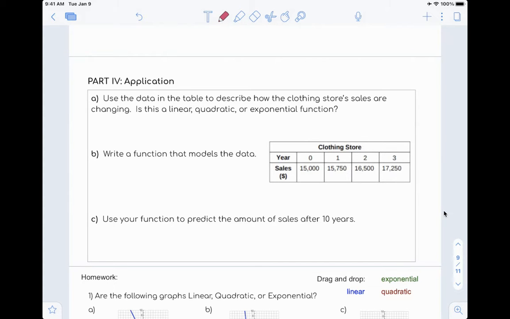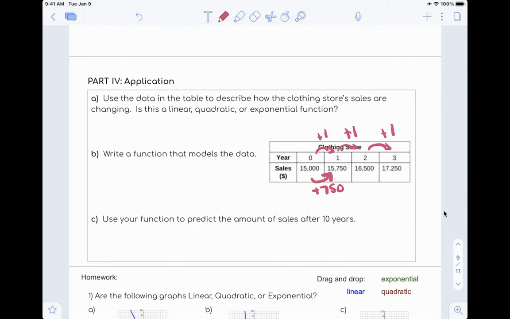So I can see that the independent variable is year. The dependent variable is sales, because the sales depends on what year you're talking about. So when I look at the year, I can see that they're all increasing by 1. And when I look at the sales, I can see that it's increasing from 15,000 to 15,750 by 750.